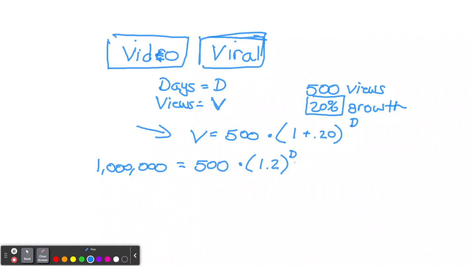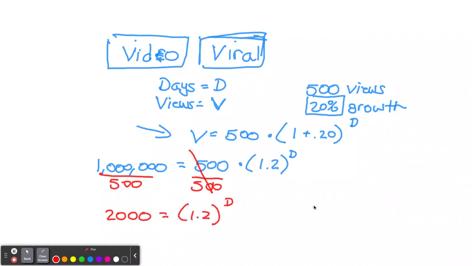So we have to clean this up like we've been doing. We're going to divide the 500 on both sides. Clean it up. And now we're going to get 2,000 equals 1.2^D.